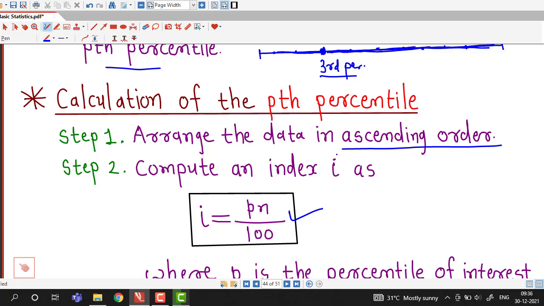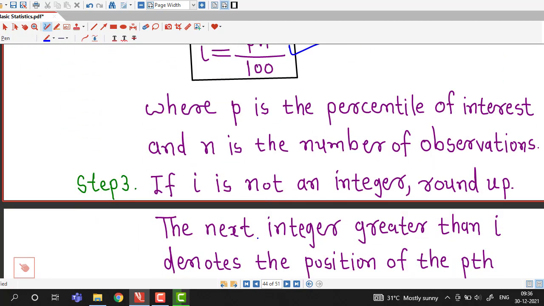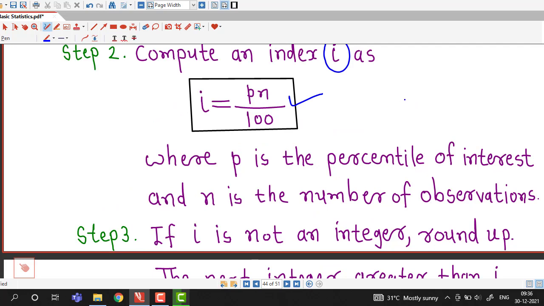So first we find the value of I. Now this I has two possibilities: either I is an integer or it is not an integer.